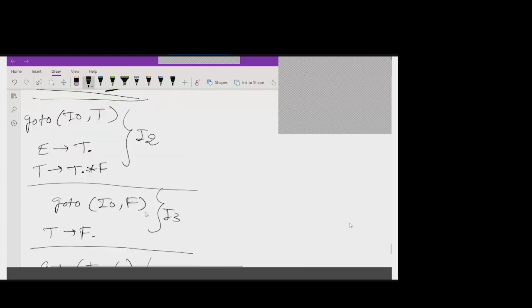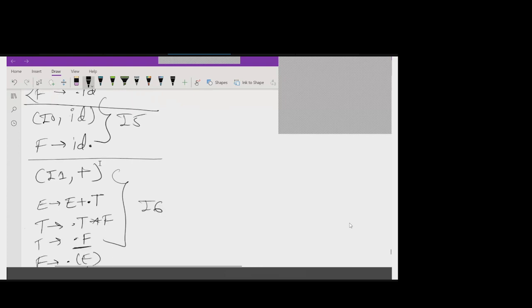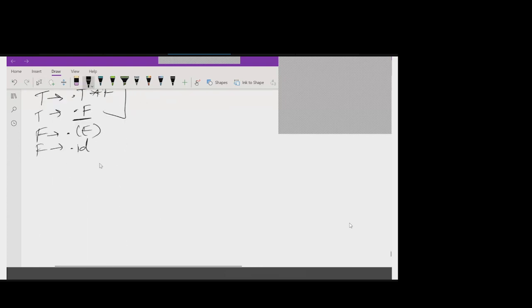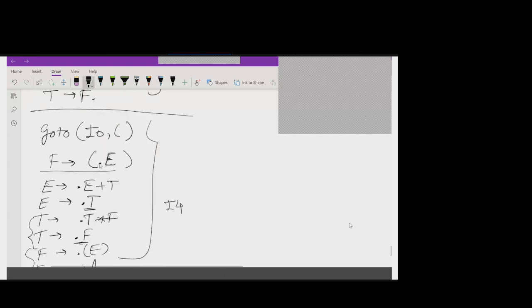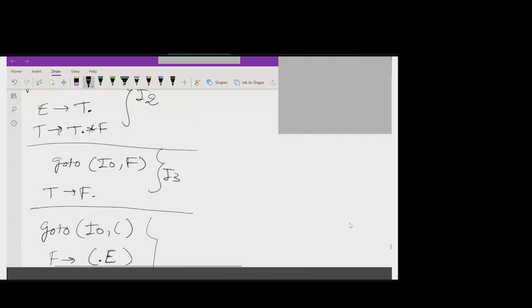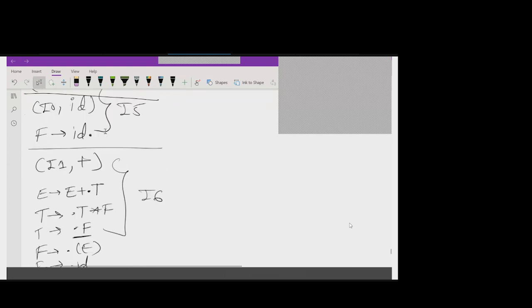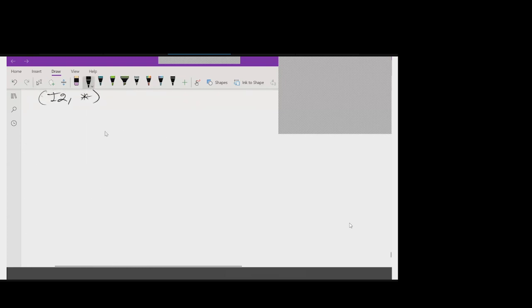Now you have to go for I2. In I2, what you have to do? I2 comma star. In I2 comma star, what is it? So it will be T gives T star dot F. Now here you are having F after the dot.